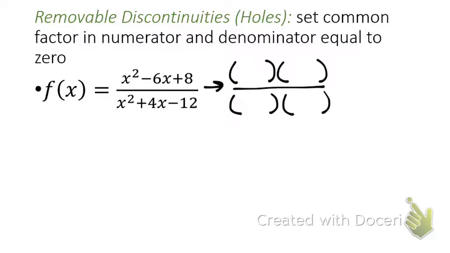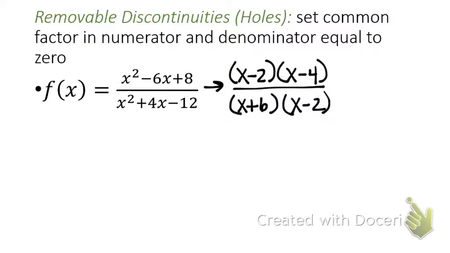Let me finish this out real quick. So what does the numerator factor down to? What two numbers multiply to be 8 but add to -6? -2 and -4. On your denominator, what multiplies to be -12 but adds to +4? What'd you say, Shyla? +6 and -2.